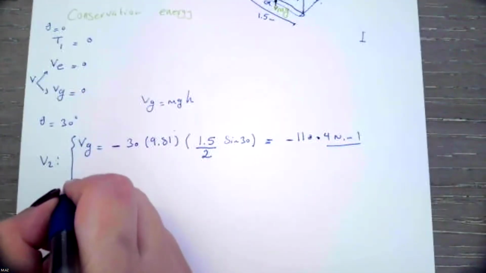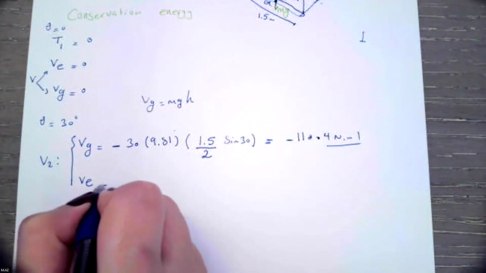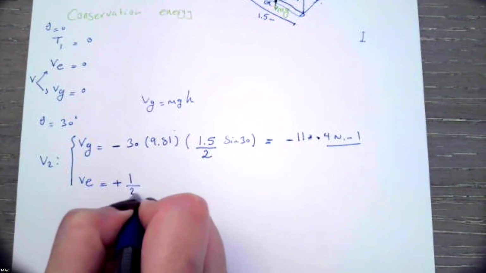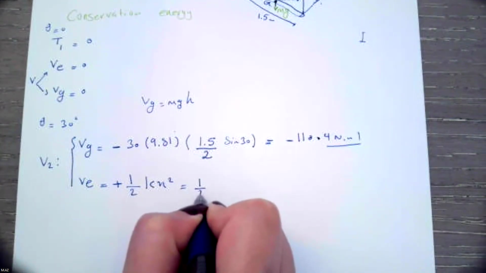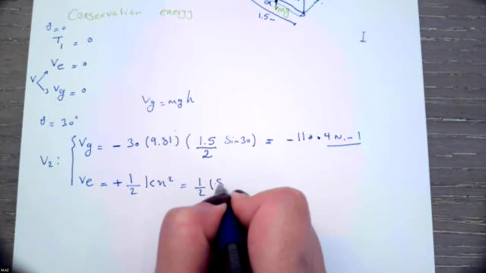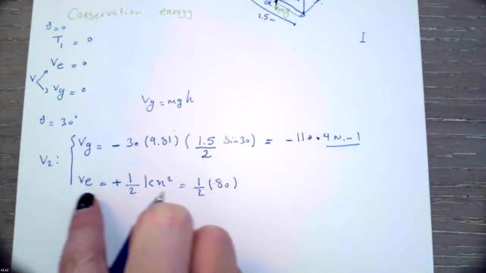The next one is elastic potential energy. The elastic potential energy, we know, is always positive, half of k x squared. The spring constant k is given as 80 Newton per meter. Now we have to find x.